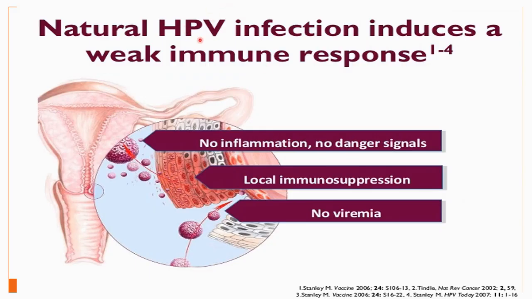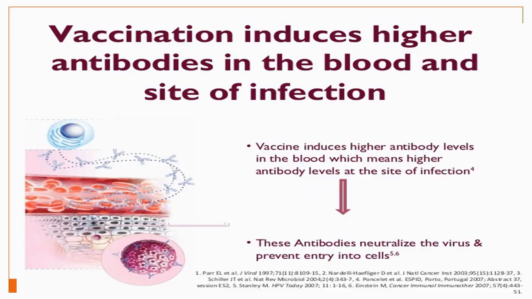Natural infection with the human papilloma virus induces only a weak immune response. With vaccination, it induces higher antibodies in the blood and also at the site of infection. So it is very, very protective because it produces a good number of antibodies even at the site of infection.